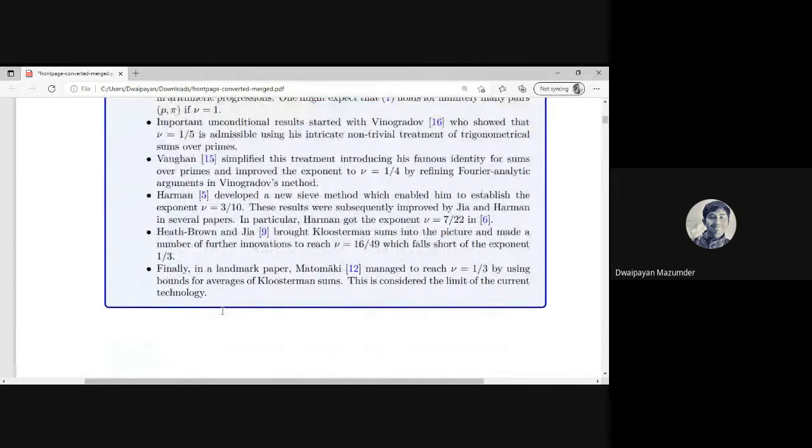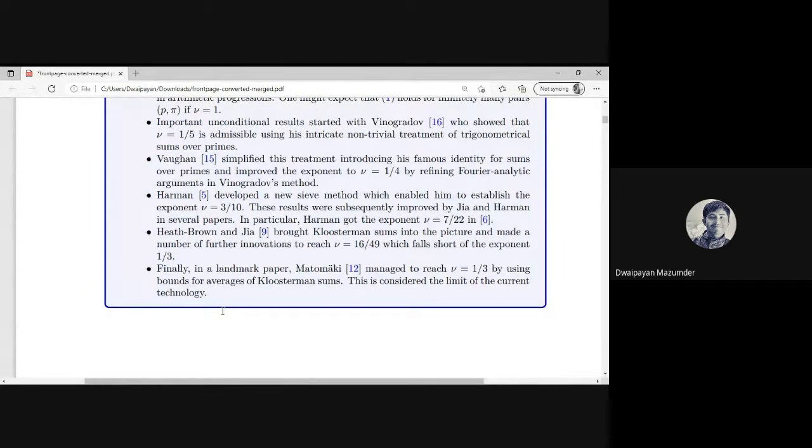But apart from that, there are many unconditional results. Vinogradov showed nu equal to 1/5, due to his treatment of trigonometric sums over primes. Then Vaughan came into the picture and used the Fourier analytic method to get nu equal to 1/4. Our paper is actually an analog of Vaughan's result in the setup of real quadratic number fields.